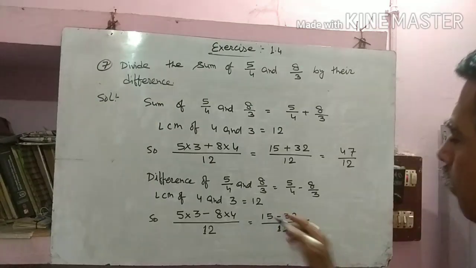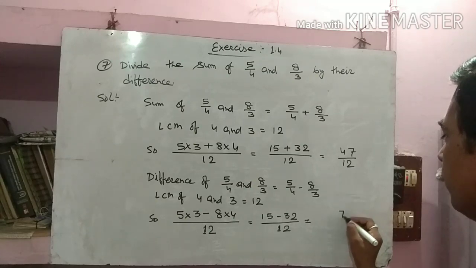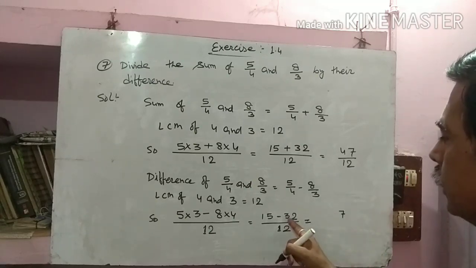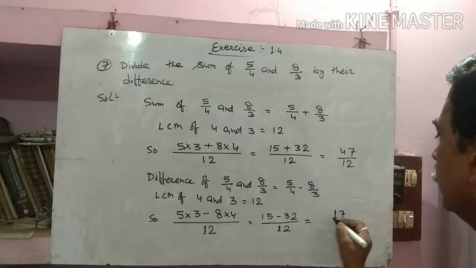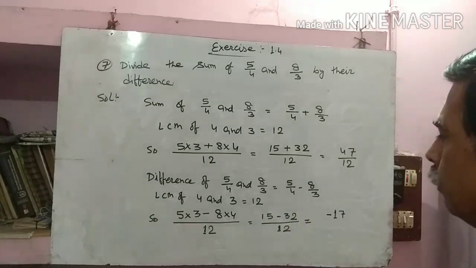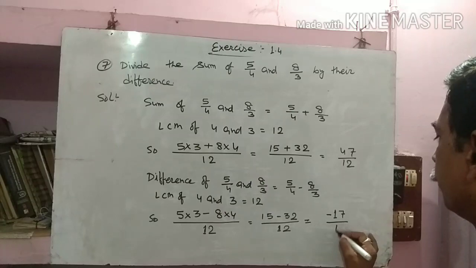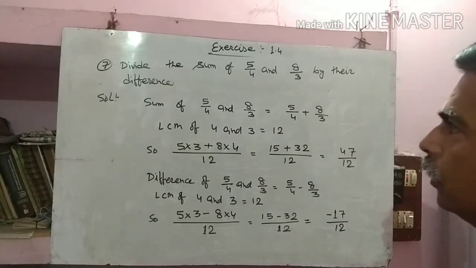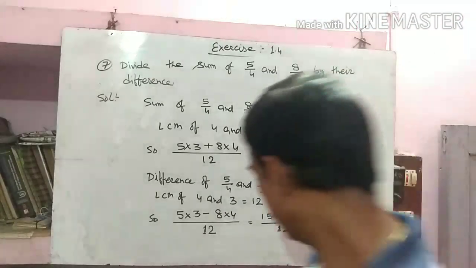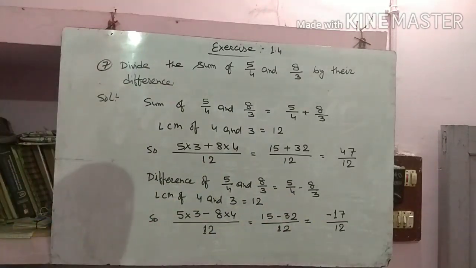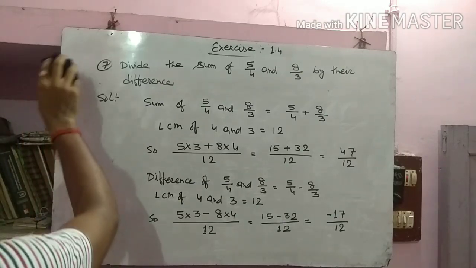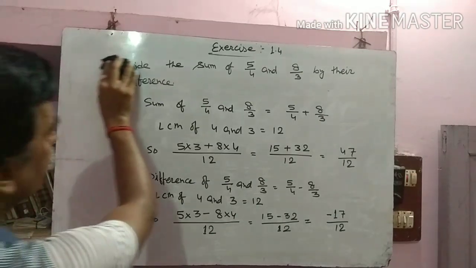Then it becomes 12 minus 5 is 7, and 2 remains, and 2 minus 1 becomes 1, and the sign of the bigger one, by 12. Okay. The next part of the question is saying we have to divide that one. So pause the screen, write it.